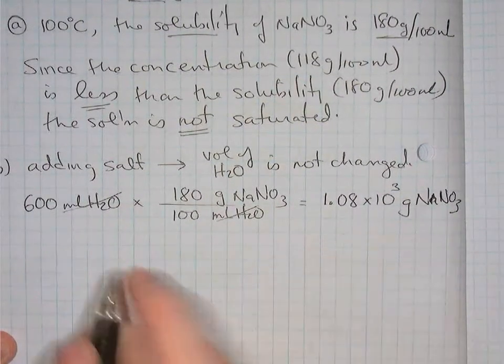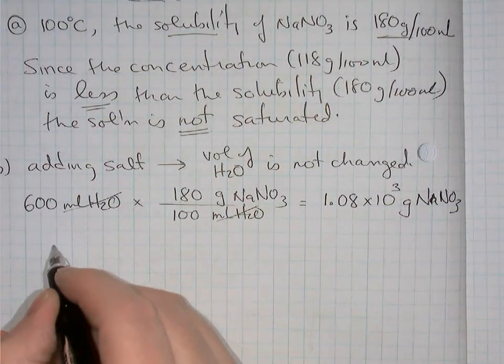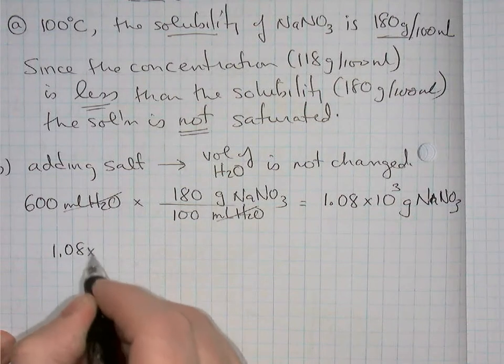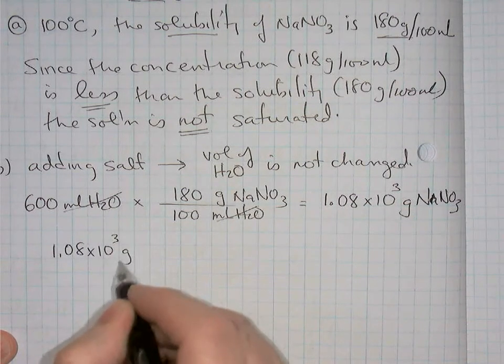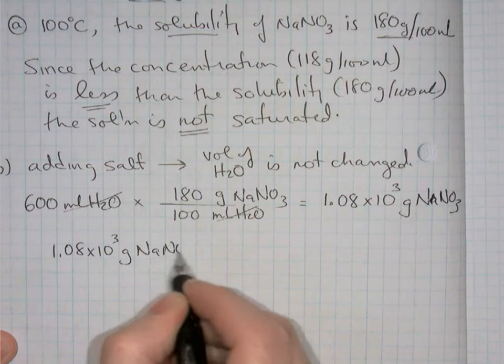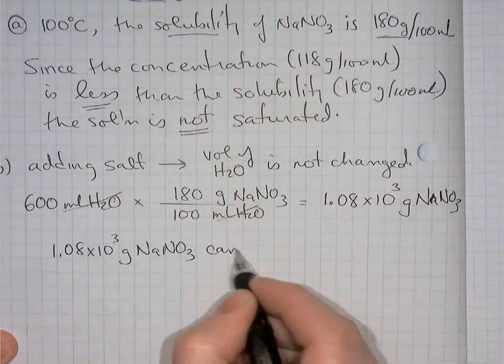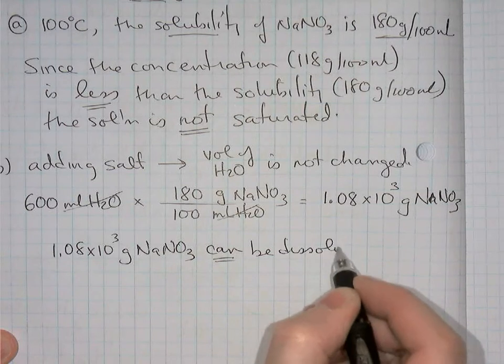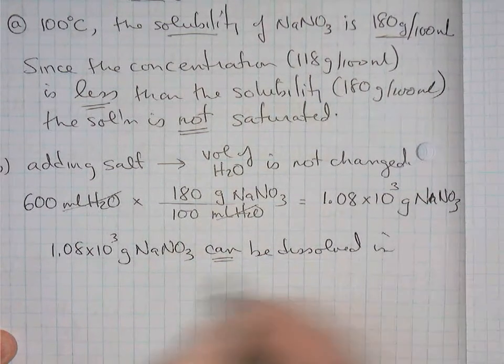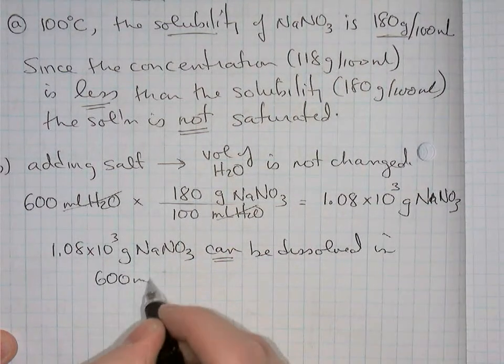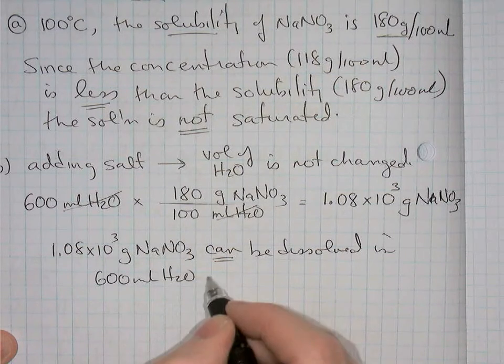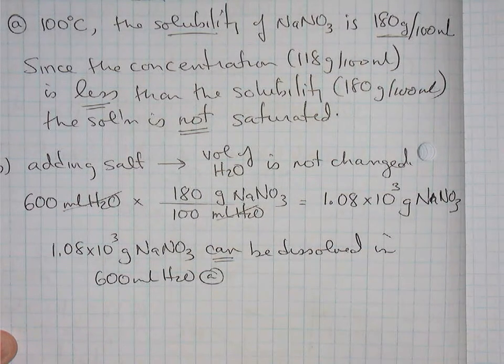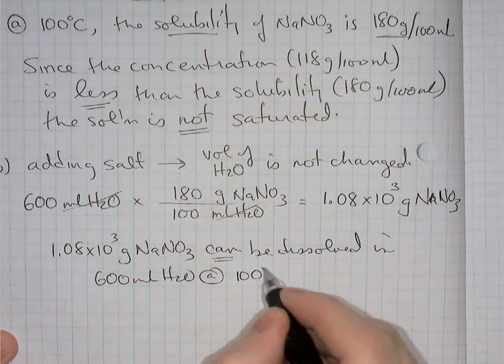What exactly have we calculated there? Well, 1.08 times 10 to the 3 grams of sodium nitrate can be dissolved in 600 mils of water, and this was at 100 degrees Celsius.